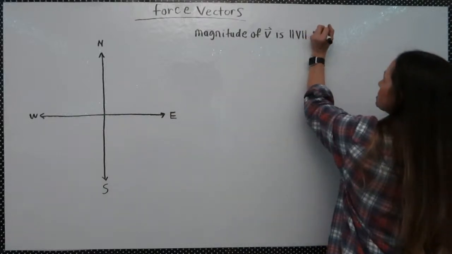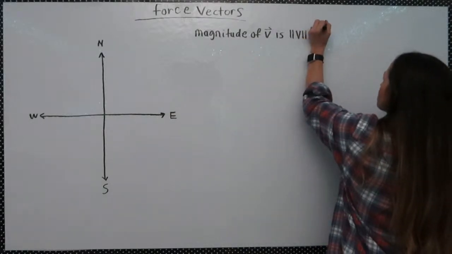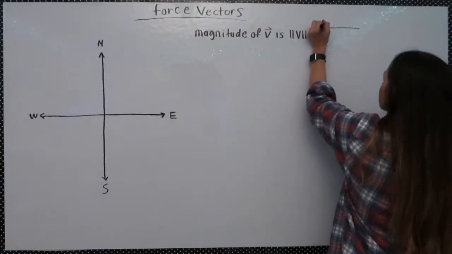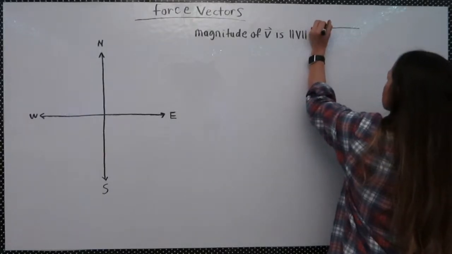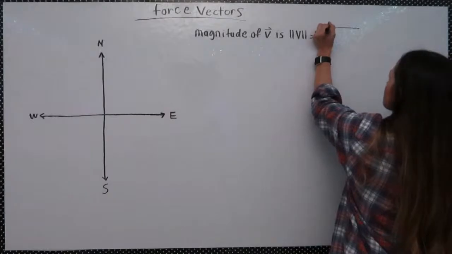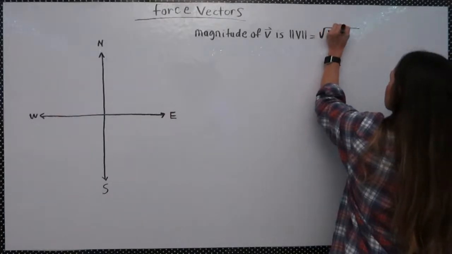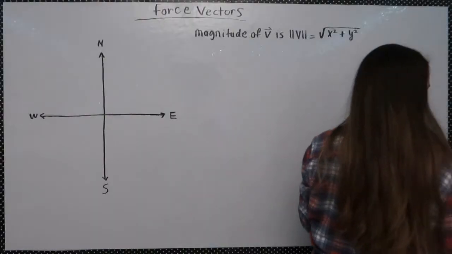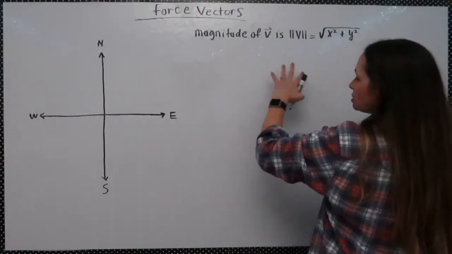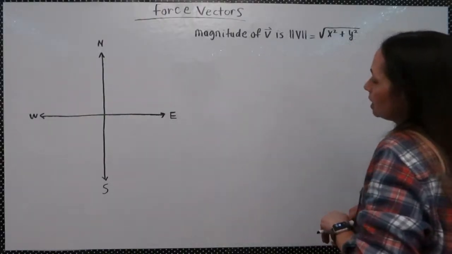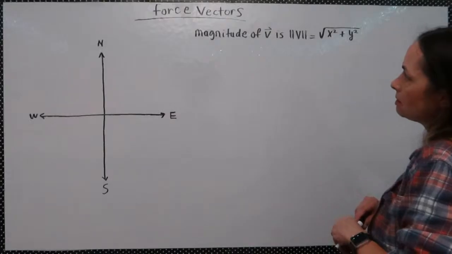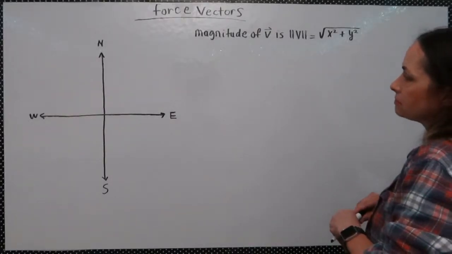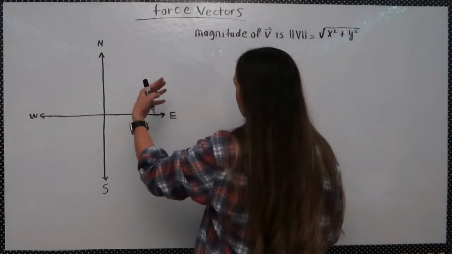So it becomes the square root of, let's see, x squared plus y squared. And so we have the magnitude, and then the direction is just the angle, in some sort of degrees.